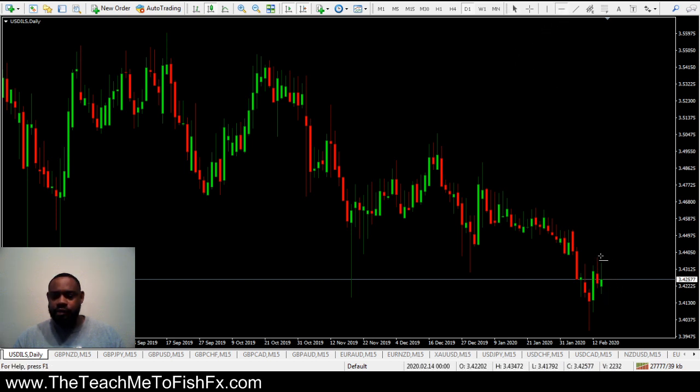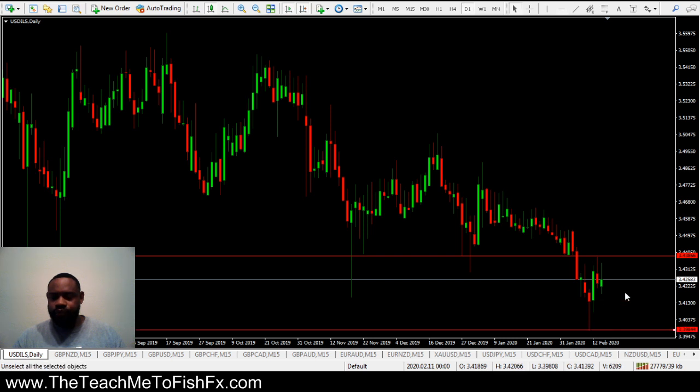The high would be resistance. I'll make that red. And then the low will be support. I'm going to make that blue. And the simplest way of trading this is to be patient and trade a breakout.